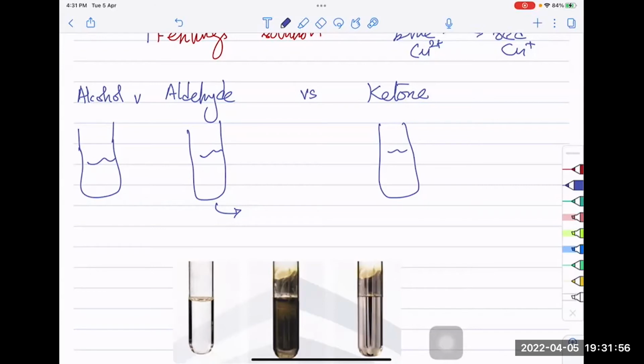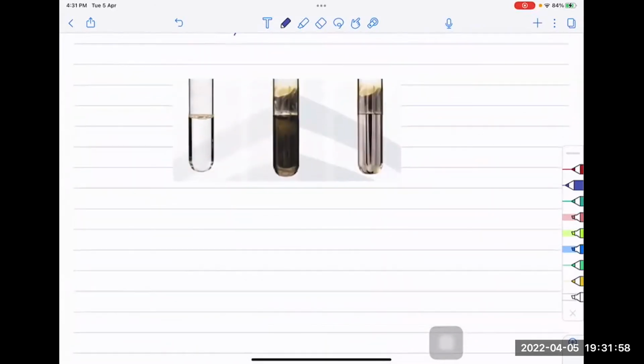So here's the thing. If we have a random thing like A, B, C, we have three things. Now, I can use a KMnO4 solution, acidified, or Fehling solution. Okay, now here's the thing.